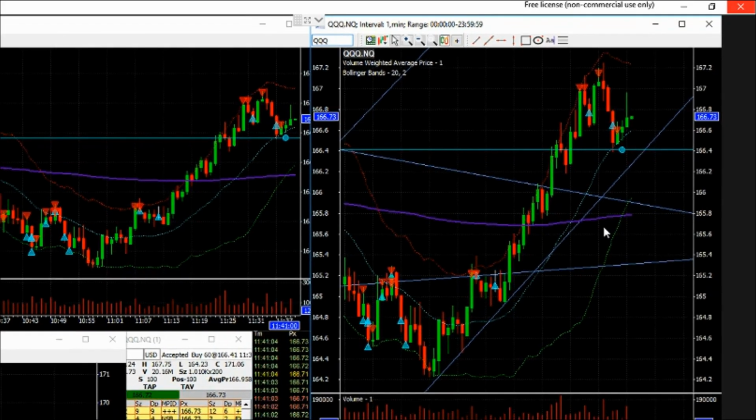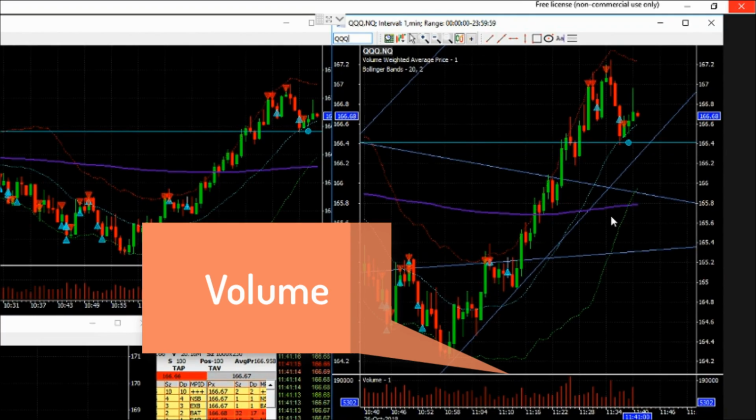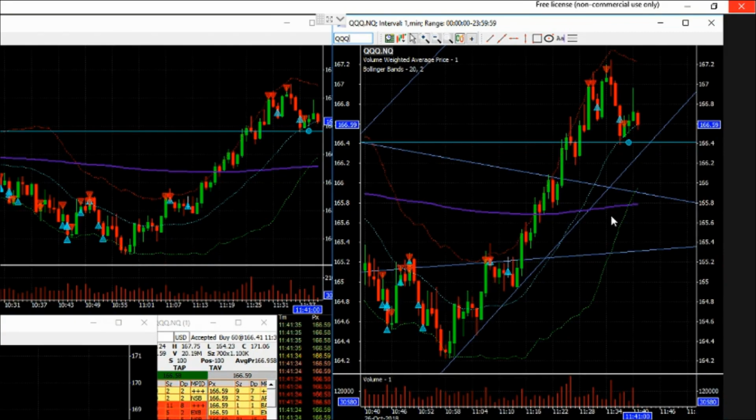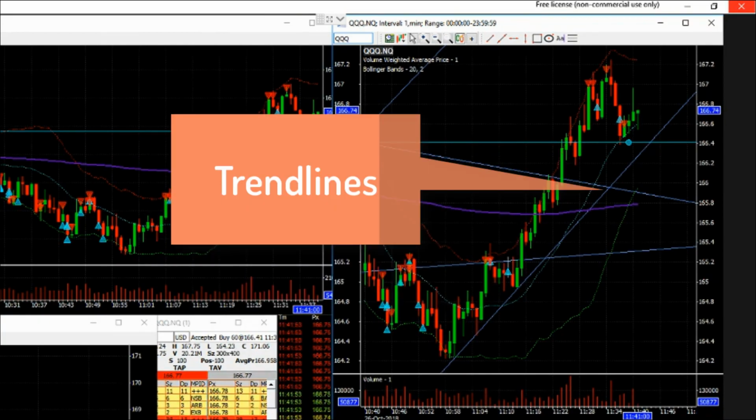And that's pretty much everything that we've went over for today. We know that the volume's at the lower end of every chart, and ticker symbols at the top left. Trend lines are trend lines.